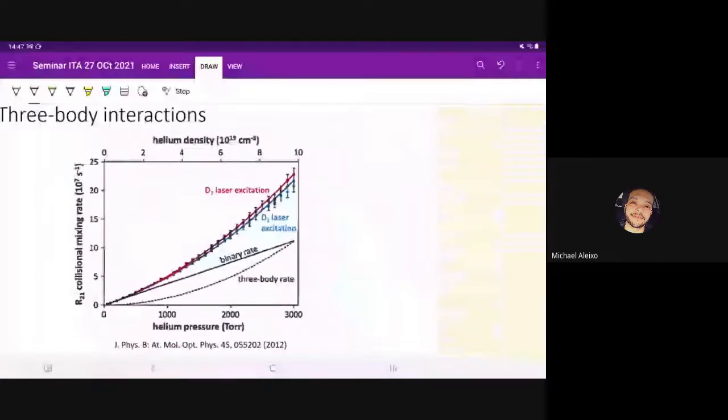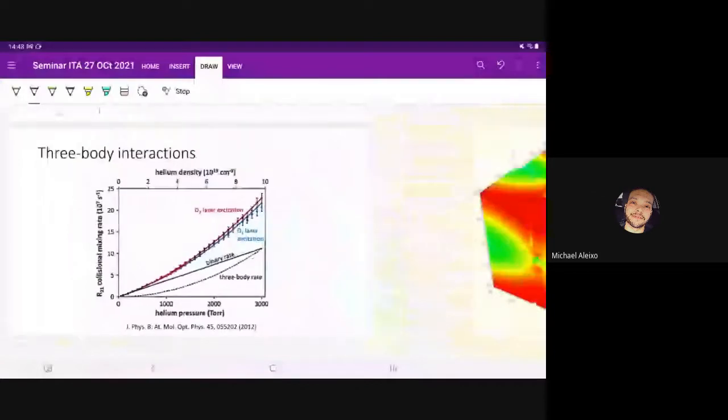And what they found was there was not this linear relationship between the collisional mixing rate and the pressure of the helium. They found there was a little bit of a curve to it, and they suspected that there is something going on with three bodies. Let's say, I think this was rubidium, that rubidium might be interacting with two heliums at the same time if there's higher density, and that's giving an increased rate.